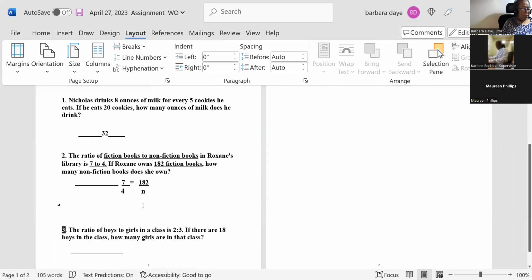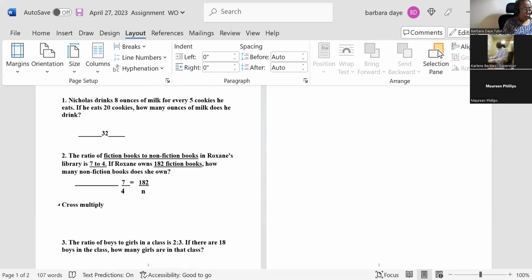You got 4 times 182, so 7 times n. Cross multiply, and that gave you 7 times n. I think I made a mistake. Yeah, because that number is too small. It's 104.